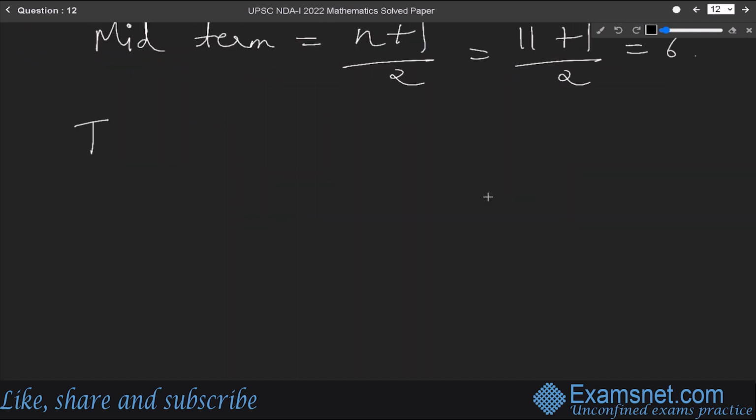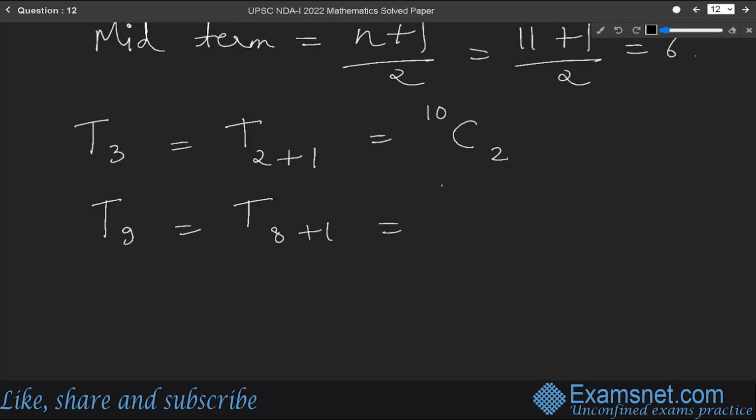The third term is represented as T3, which is equal to T(2+1), which is equal to 10C2. And the ninth term is T9, which is equal to T(8+1), which is equal to 10C8. Statement 2 is that the coefficient of third term is equal to the coefficient of ninth term. We know that nCr is equal to nC(n-r).